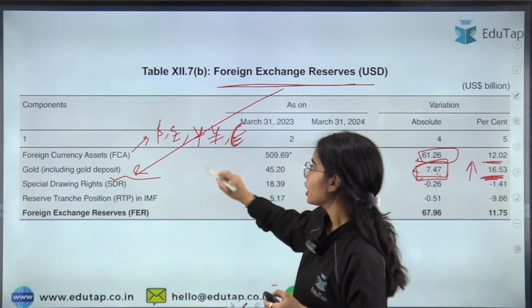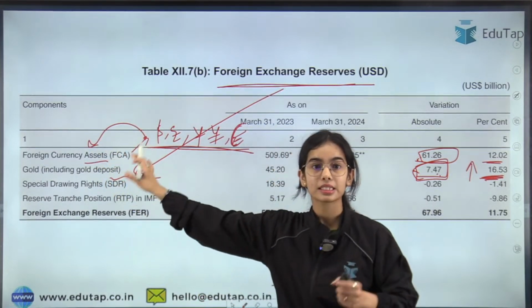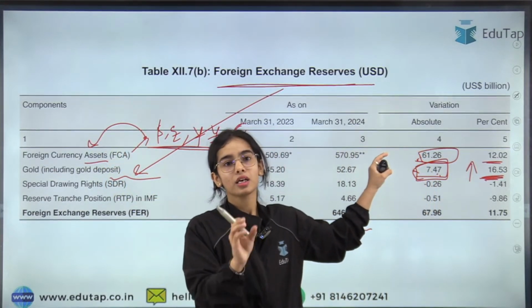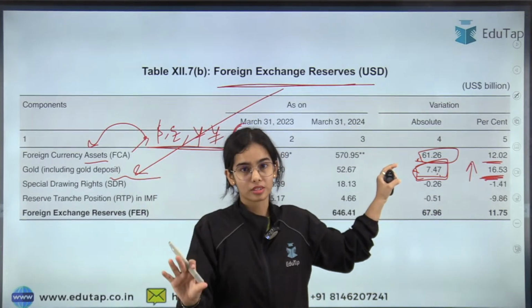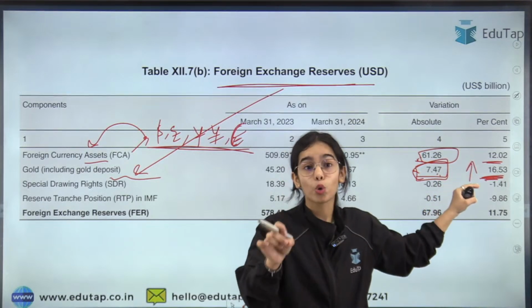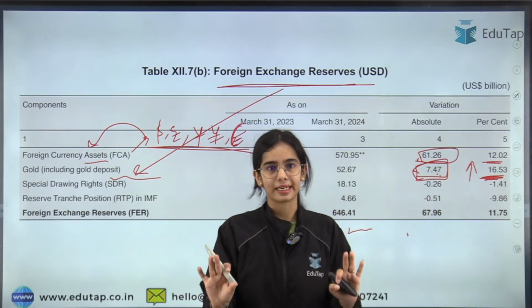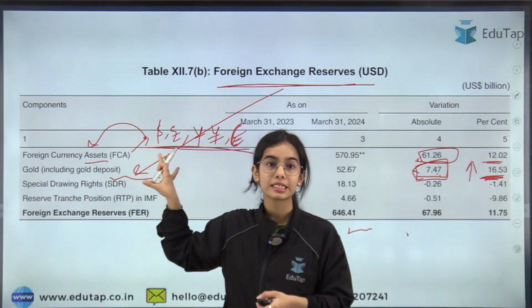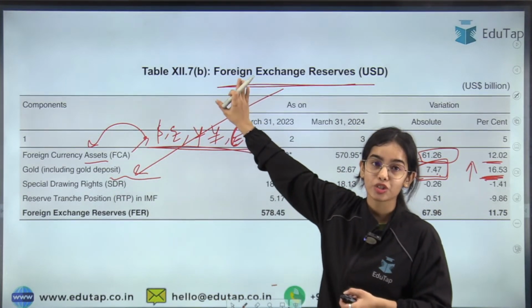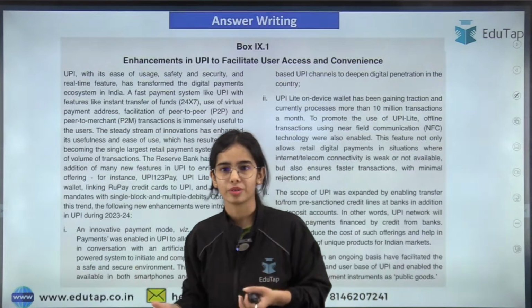These five currencies we maintain in the foreign currency assets, and they are the highest in number, and then the gold reserves. But the highest variation has happened in the gold reserves, because they have increased in value. But we still maintain the foreign currency assets as the highest in the foreign exchange reserves, because these reserves have to be used for imports and such.